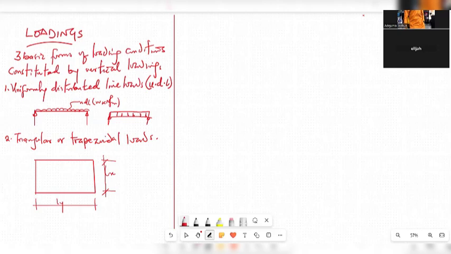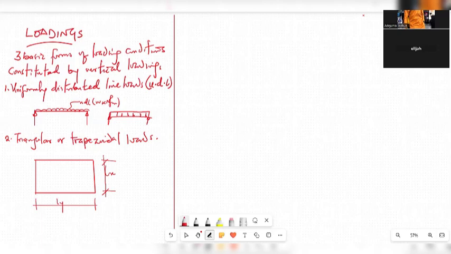Yield line analysis basically is such that the portion of your slab is proportioned by the influence of that load, and it is represented by the shape on the slab.